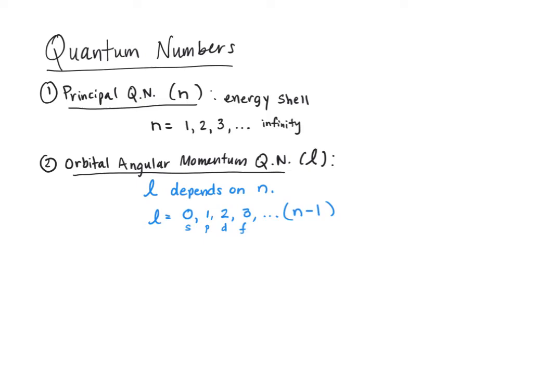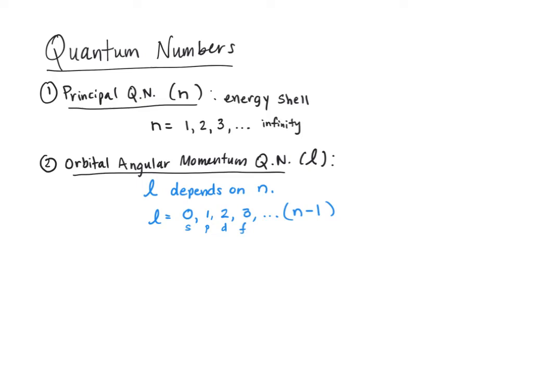These shapes are described by the orbital angular momentum quantum number, L, that can have values of 0, 1, 2, 3, and so on, but only up to n-1 for a particular energy shell. We're limited by the upper limit of n-1. And what's more is that these orbital shapes have possible orientations that can differ in 3-dimensional space depending on how we orient them.